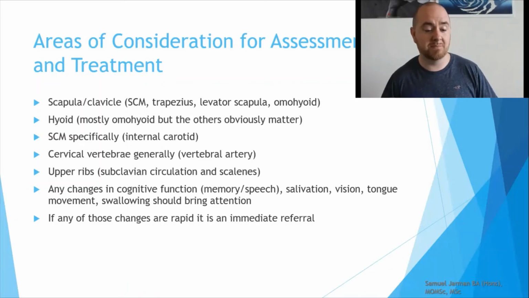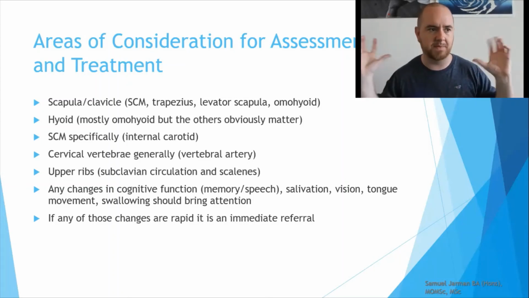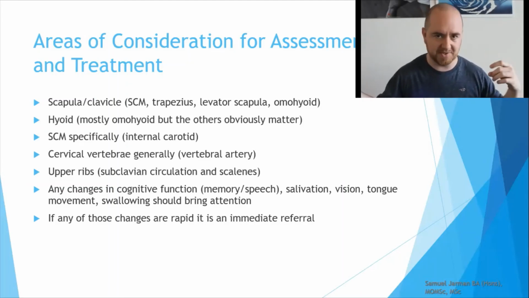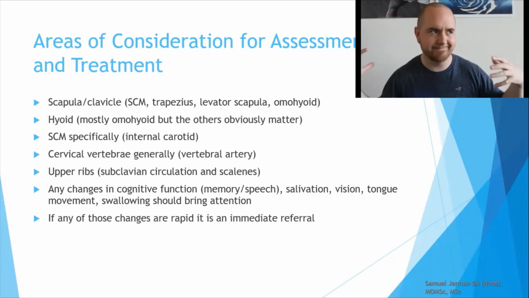The cervical vertebrae, very generally speaking, partially this is because of the vertebral artery, but partly it's also just because of the tension that can be transmitted through the relationship of the bones to the muscles, and then that pressure system or the impact that it would have on especially the jugular system may again have a non-specific effect.